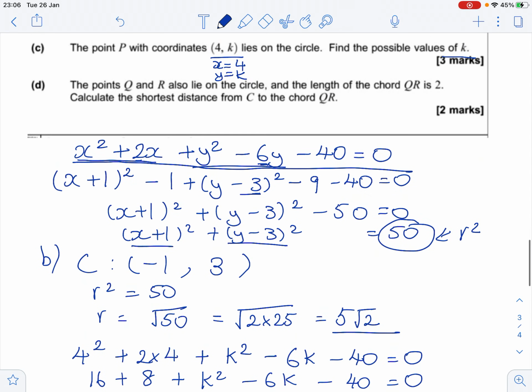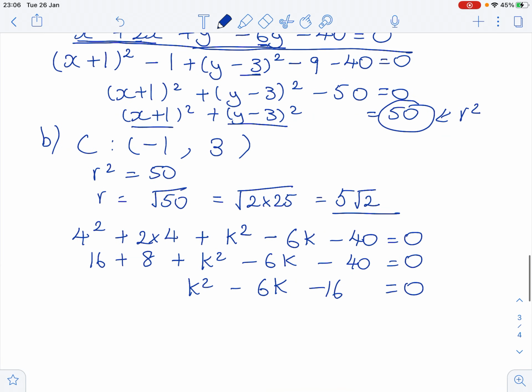And the question asks us to find the possible values. So there are 2 values. So we factorize to find the values of k. So this should be (k, ) (k, ). 2 and 8 give you 16. We want minus 6.